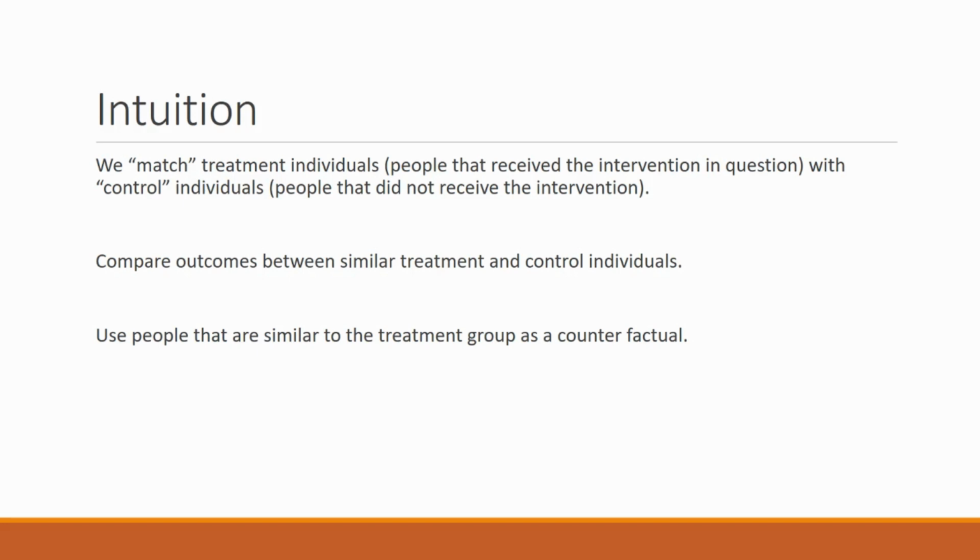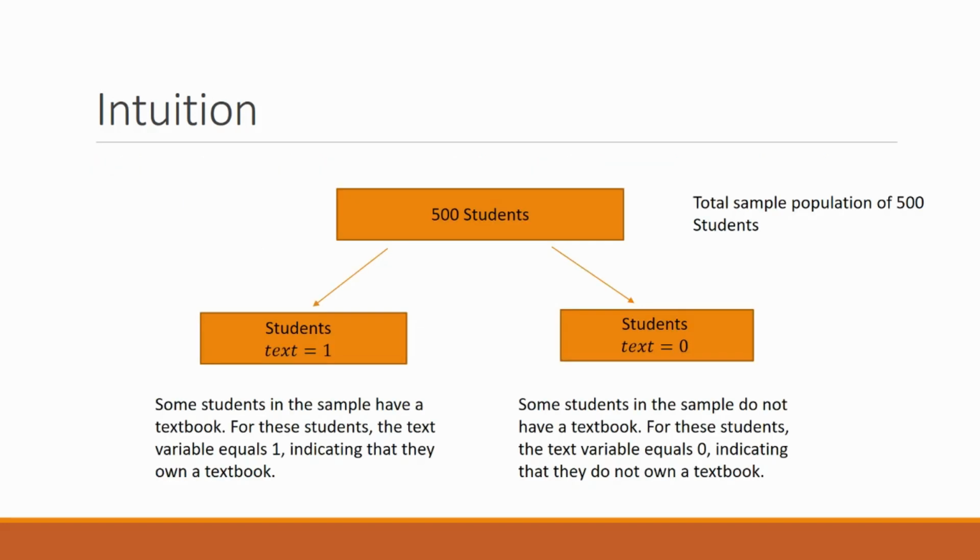We're taking the people in the treatment group and then selecting people from the control group that are similar to them. Basically, we are creating similar populations. We're trying to use our data to create treatment and control groups that are the same on average, even though we didn't randomly assign the interventions to the textbooks. Let's keep going and try to make this more clear.